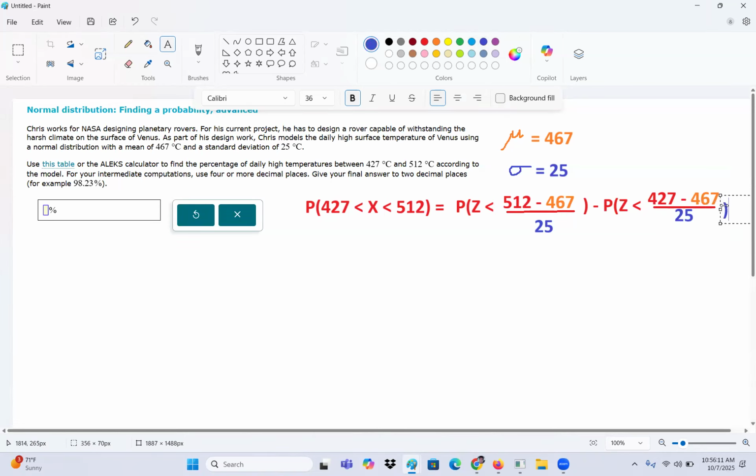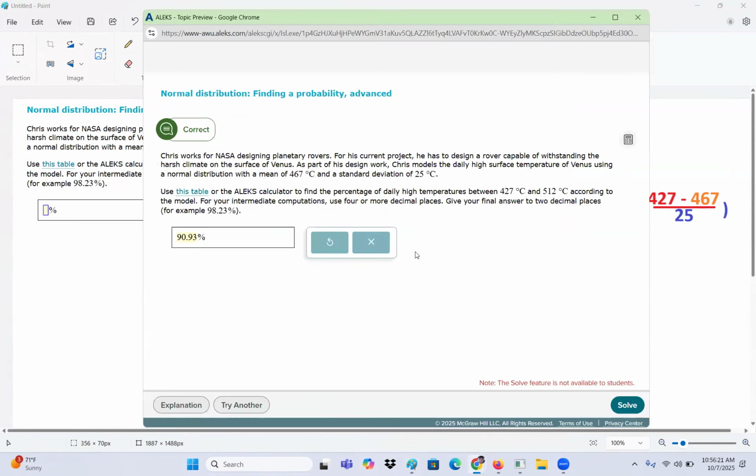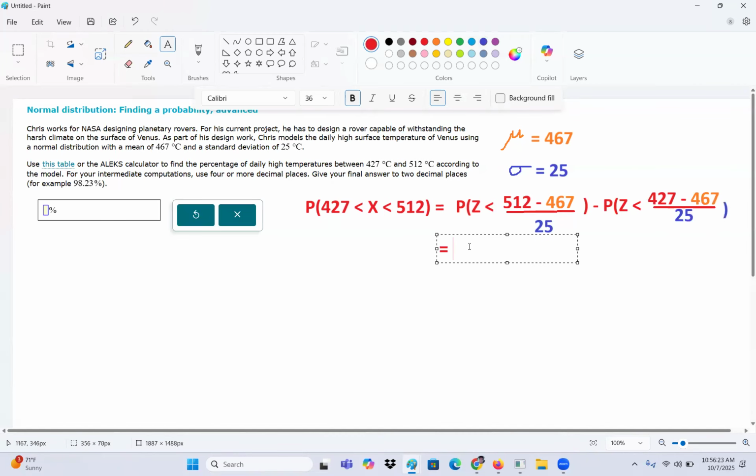Then you get something like 0.90, and they could have bigger or equal. So what does that tell us? About 0.9093. Okay, so that's pretty much what we have so far.